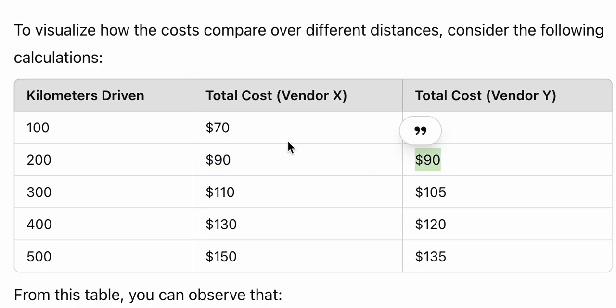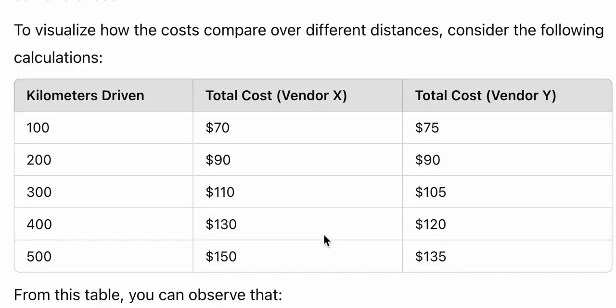It doesn't really matter, both are 90. But as you keep increasing your distance of travel, as your kilometers go up, vendor X is always on the higher side, and you can see there is a difference in the pricing with vendor Y.